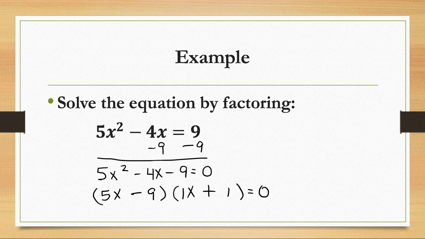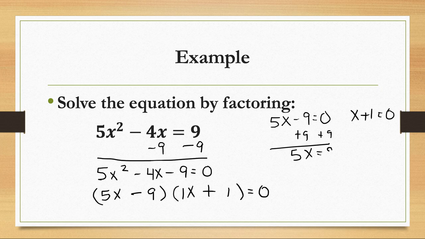The last step is to set each term equal to 0. So we're going to do 5x minus 9 is equal to 0. And we're going to do x plus 1 is equal to 0. So on the first one, we're going to add 9 to both sides. We're solving for x. So we have 5x is equal to 9.